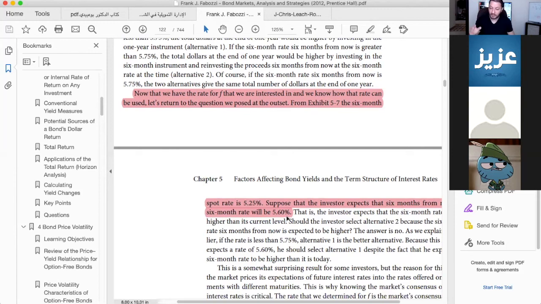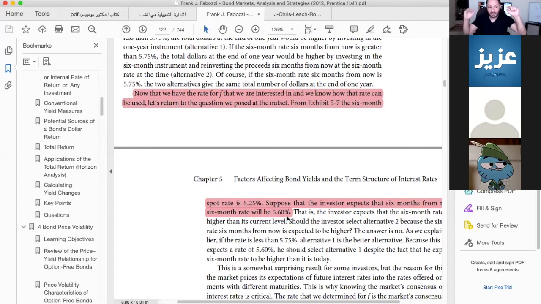So we don't have to compute the average of the interest rates. You don't have to compare the 1 year with 6 months. You have to compare your expectation as a single investor to the expectation of the whole market, which is the consensus of the market, which is the forward rate. If your expectation is aligned with the expectation of the market, you have to take the same decision as the market.